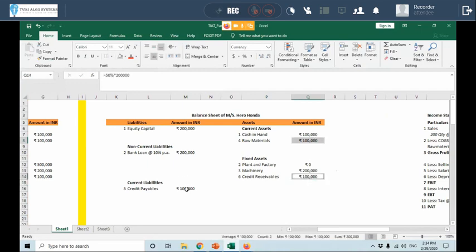If you require anything more than this amount, that provision you need to make, no? Because otherwise your business is running on all these three, right?